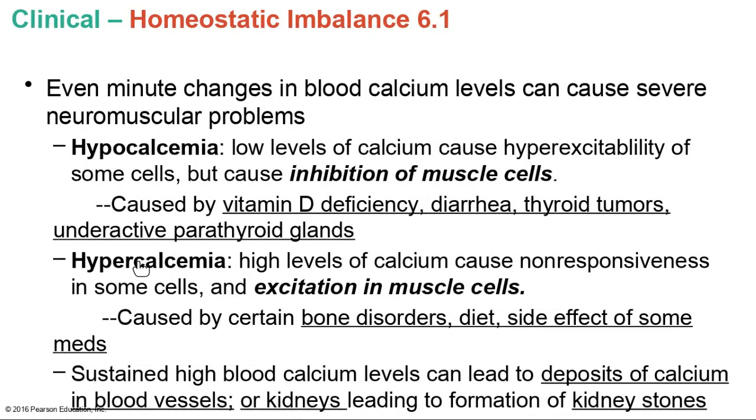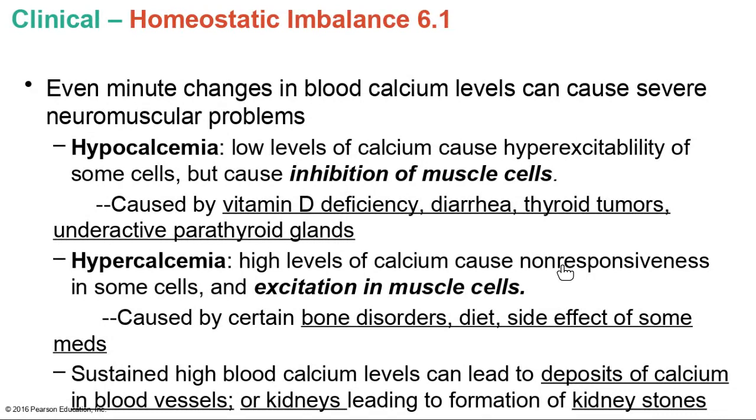What about hypercalcemia? If you have too much calcium in the blood, then of course you may see hyperactivity when it comes to muscle contraction. It also will have a stimulatory effect on brain cell communication, so this will have an excitatory effect. Now again, like hypocalcemia, in some cells too much calcium can actually cause the opposite.